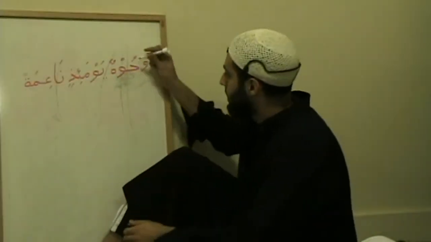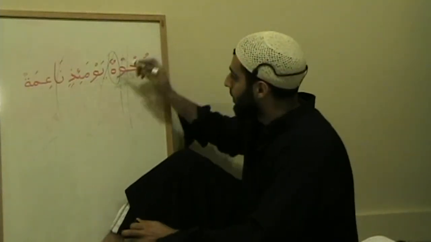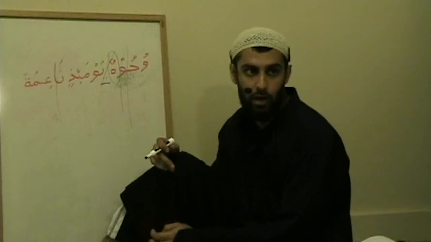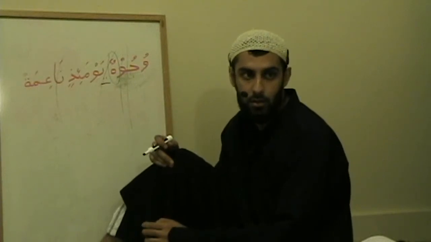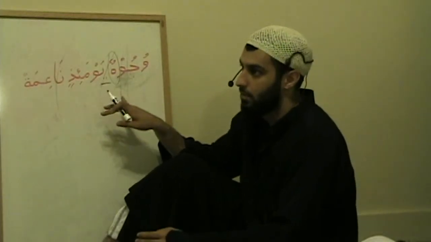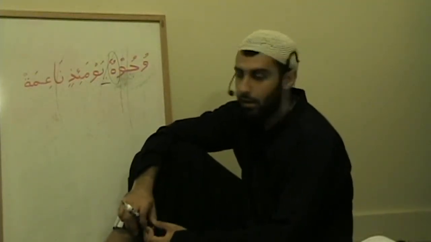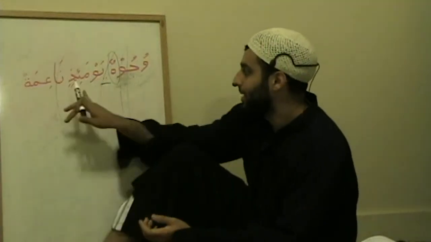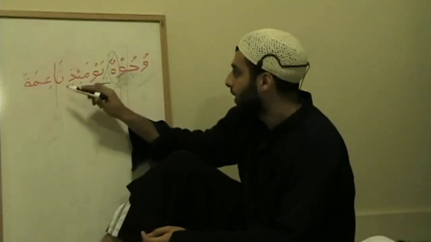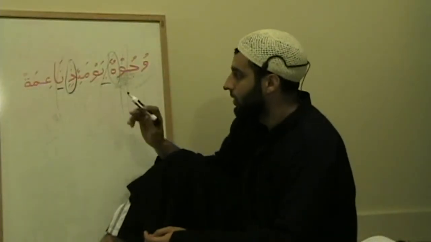The first one is here. We have a dhammatain, which is a tanween, followed by a ya. So that's going to be what? Good, that's idgham with ghunna. And then what's next? Good, we have a tanween kasra followed by a noon.